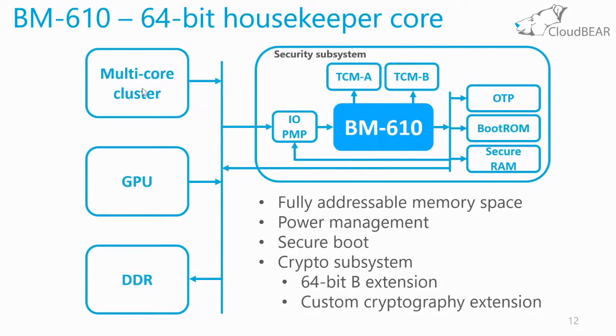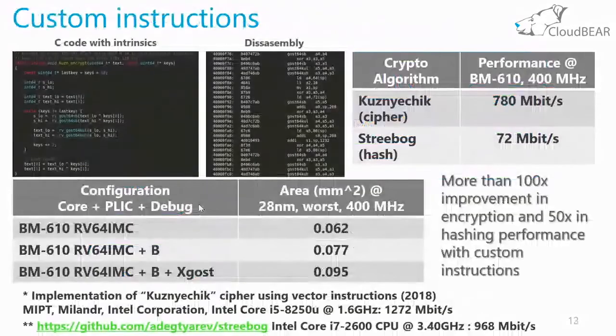This core was also extended by the B extension to speed up cryptographic algorithms, and we also implemented a custom crypto extension for our Russian national standards. An example of this work is shown on this slide. We added custom instructions to support our local cryptographic standards in the BM610 core.